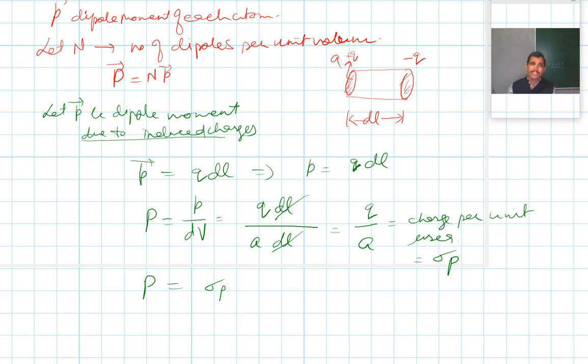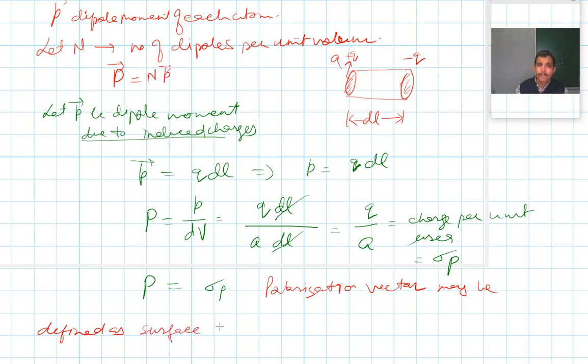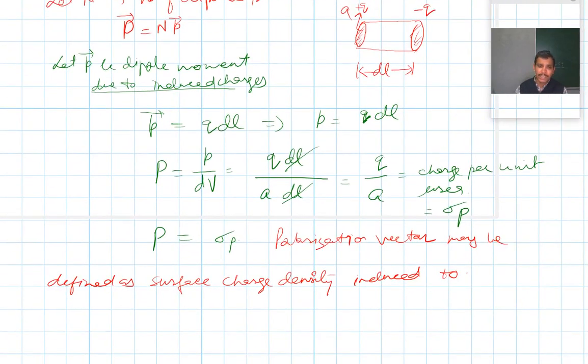So that means polarization vector can also be written as this one, right? So thus polarization vector may be defined as the surface charge density induced due to polarization of the dielectric.